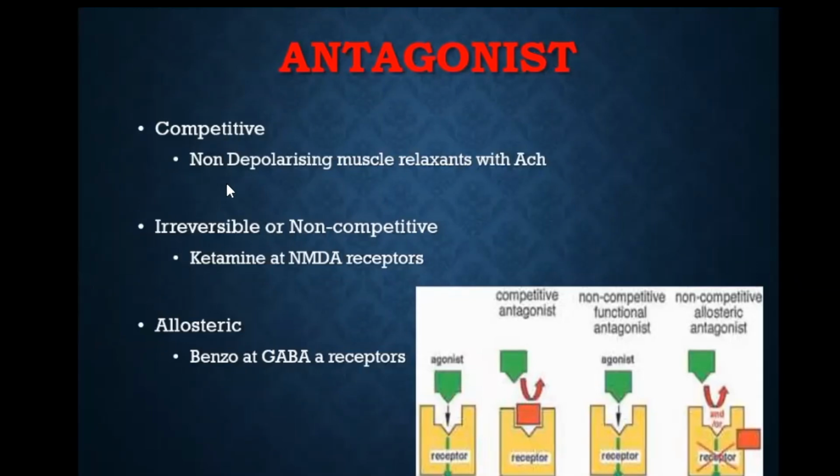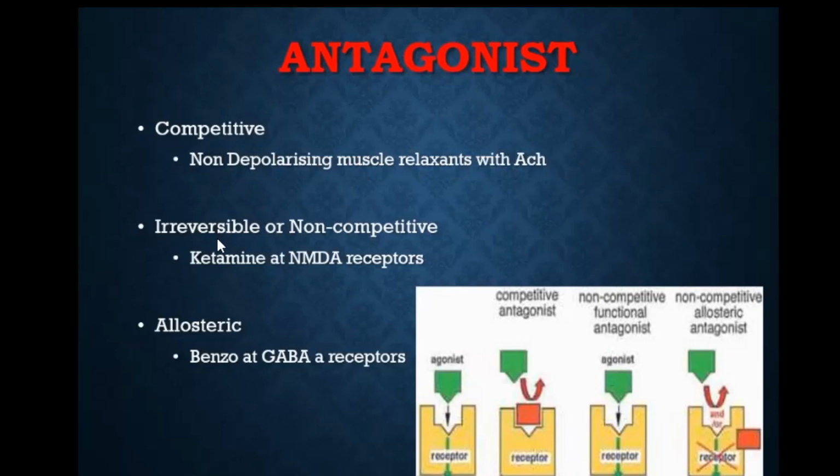The common example is a non-depolarizing muscle relaxant with acetylcholine, this is your atracurium with your acetylcholine. The moment atracurium has bound to the nicotinic receptor at the NMJ, there is no binding of acetylcholine to facilitate contraction.